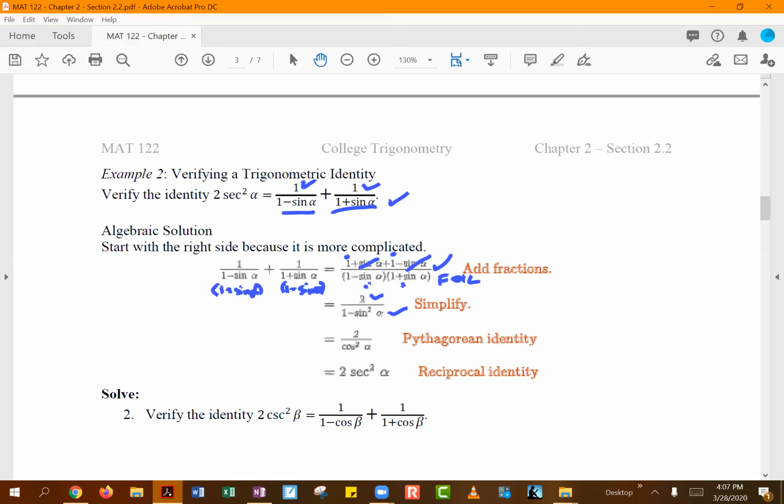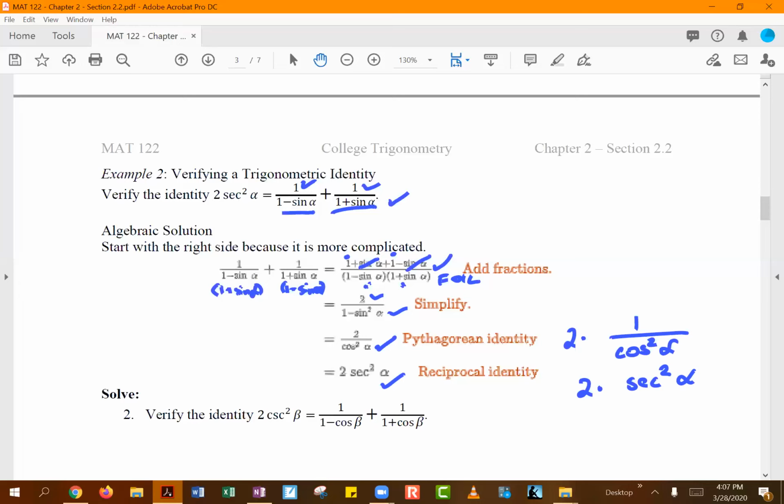So again, 1 minus sine squared alpha using the Pythagorean identity will become cosine square of alpha. So you are now left with 2 times 1 over cosine square of alpha. And remember, 1 over cosine square of alpha is the same thing as secant squared of alpha. So that is where 2 times secant square of alpha is coming from.